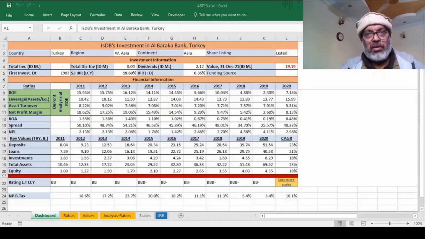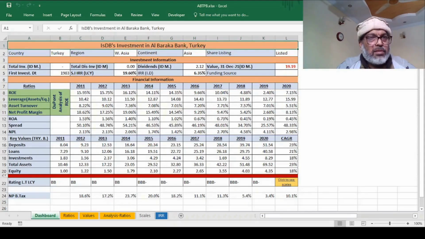Here is the first screen in which I'm showing the key ratios. First of all, it's a group of four ratios in which return on equity is broken down into three factors, namely the return on assets, asset turnover ratio, and net profit margin.